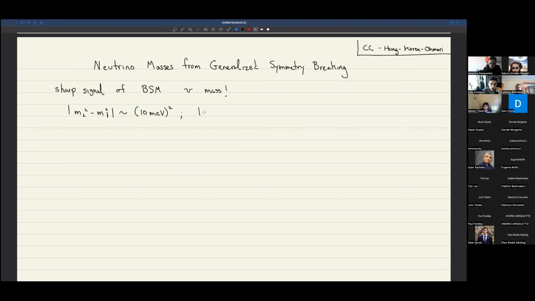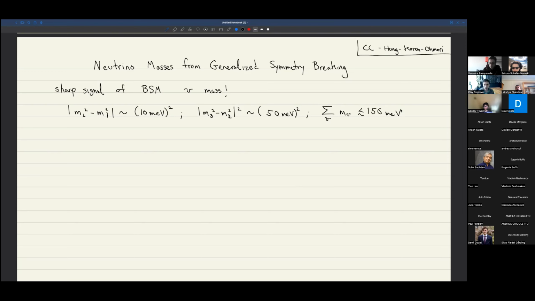And then we know these differences, and we also know something about the overall scale of all of the masses. If you sum, this is from the CMB, they can't be too far apart. So the overall scale of the masses is in the MeV range.